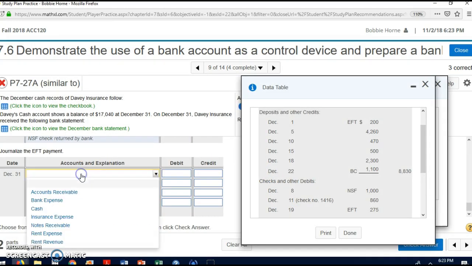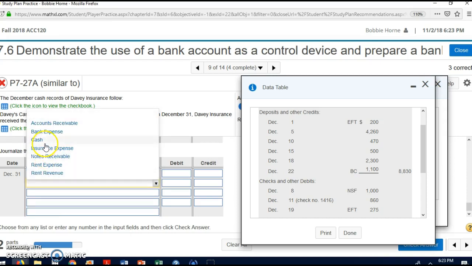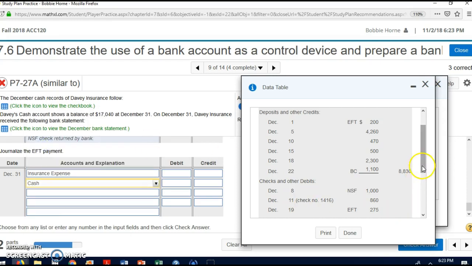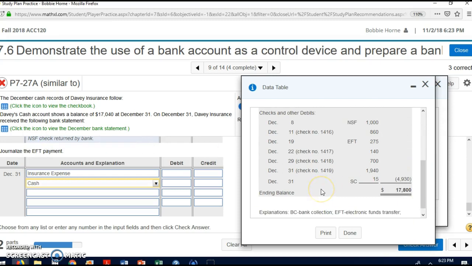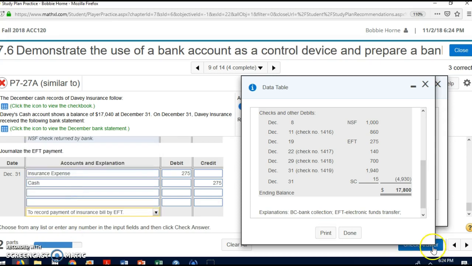And then the EFT payment, I believe that was for insurance. The bank paid it on behalf of us, and that was for $275, to record payment of insurance bill.